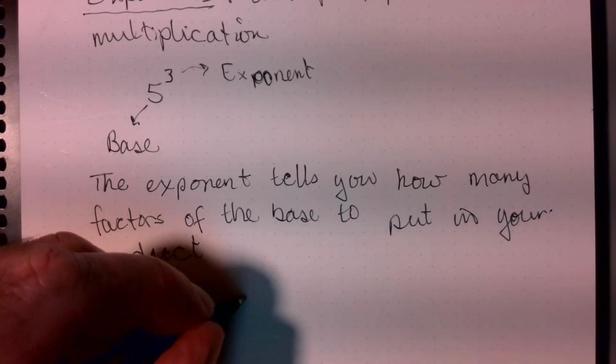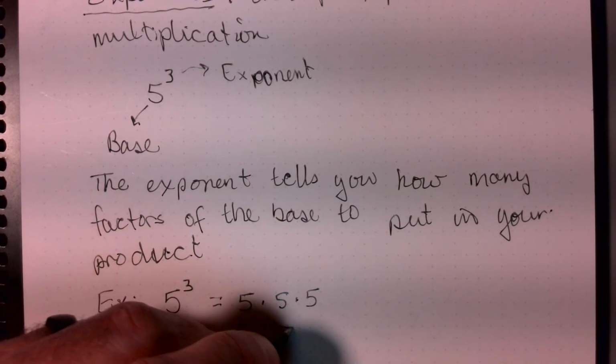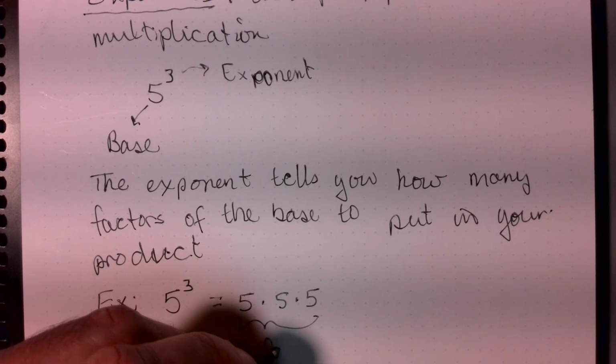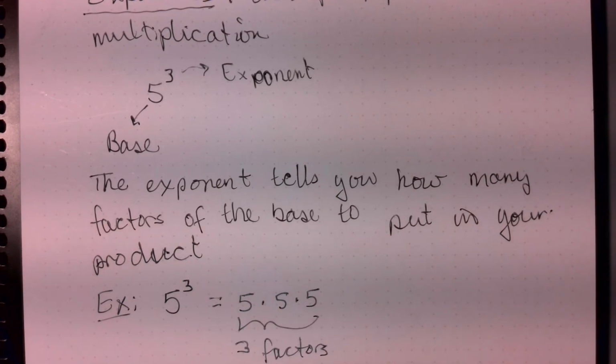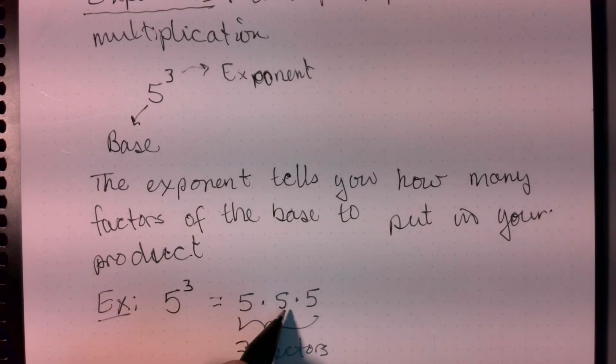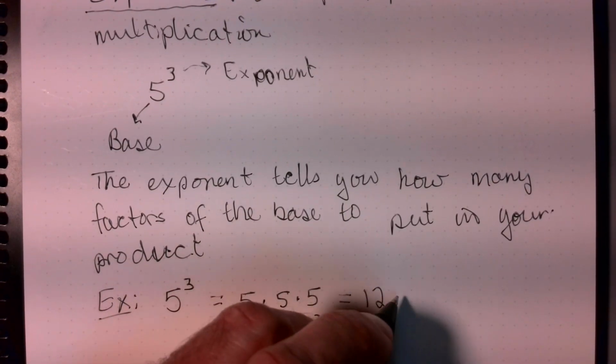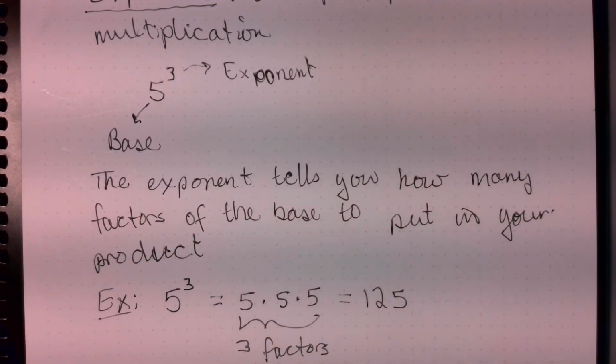So this indicates 5 times 5 times 5. Okay, the 3 is coming into play because we have 3 factors of 5 here. And if we do the arithmetic, 5 times 5 is 25. Multiply that by 5 and you get 125. Okay, so 5 cubed is 125.